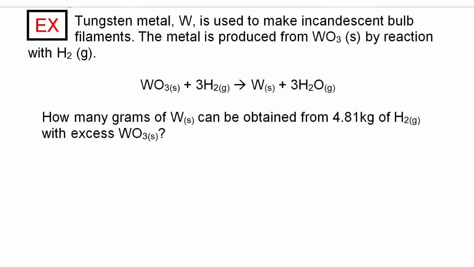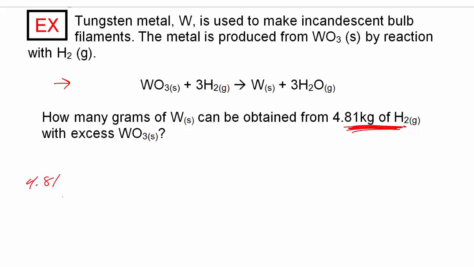So tungsten metal is used to make some bulb filaments, and that metal is produced through this reaction. How many grams of tungsten can be obtained from this many kilograms of hydrogen with excess tungsten oxide? Okay, so that means this is all going to react first.